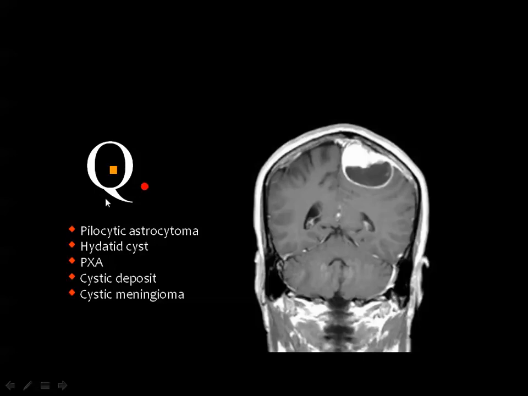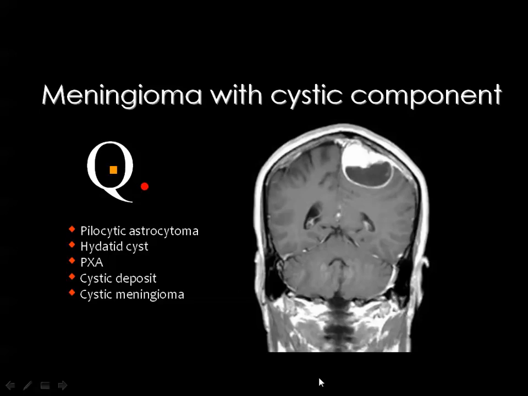Then these are the diagnostic possibilities: pilocytic astrocytoma, hydatid cyst, PXA, pleomorphic xanthoastrocytoma, cystic deposit, cystic meningioma. Yes, this lesion can fit for both cystic meningioma and PXA. Both can give the same appearance.